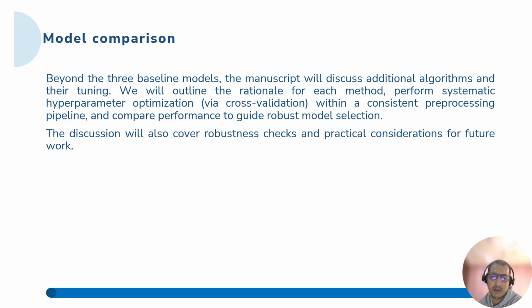Beyond the tree baseline models, the manuscript will discuss additional algorithms and their tuning. We will outline the rationale for each method, perform systematic parameter optimization within a consistent preprocessing pipeline, and compare performance to guide robust model selection.